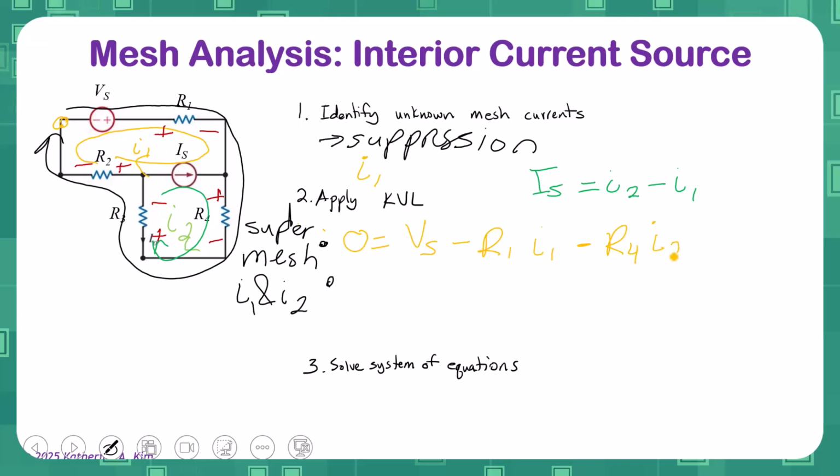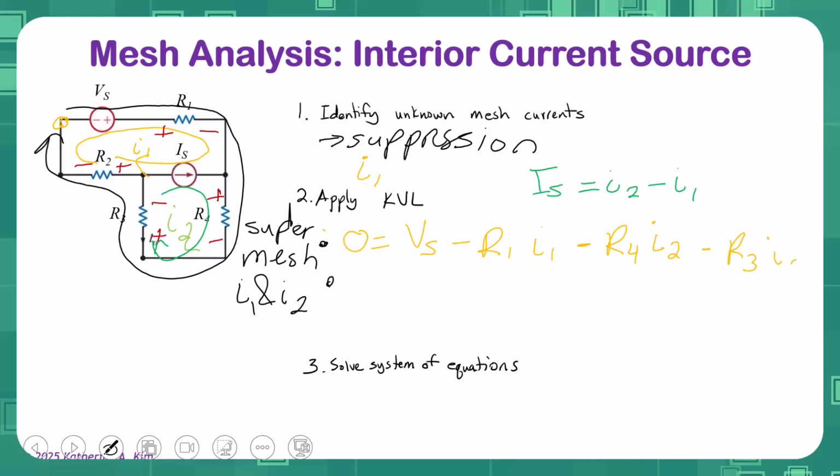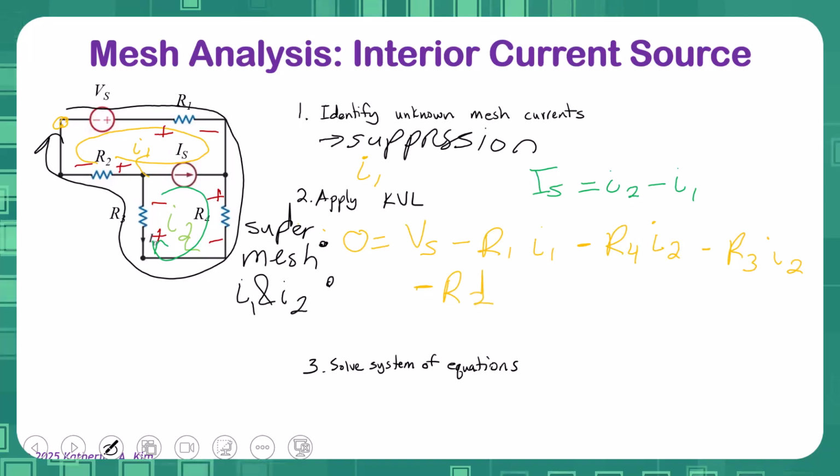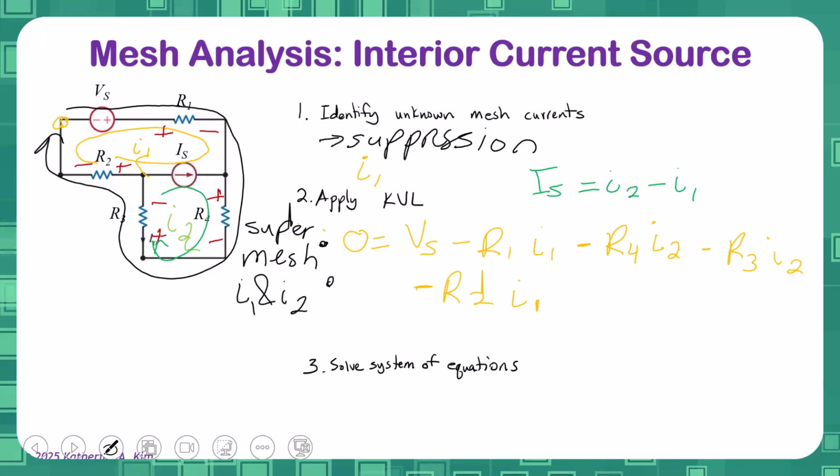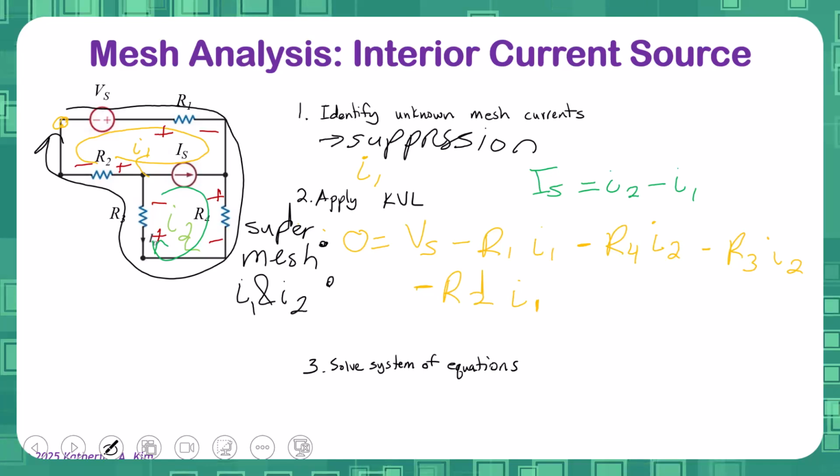So you want to use the right currents there. And then we're going to have minus R3 I2. And then go to the next line here. Minus R2, and the only current going through R2 is I1. And we're back at the corner again. So we've written our KVL equation based on the super mesh.